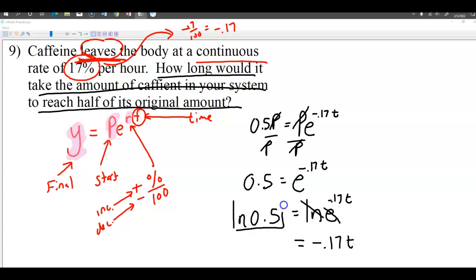On this side, we don't need to do change of base because our calculators have an ln button. So I can just push ln of 0.5, and I get negative 0.693. So to solve for t, the last thing I need to do is divide by this negative 0.17, and I'll have my answer.